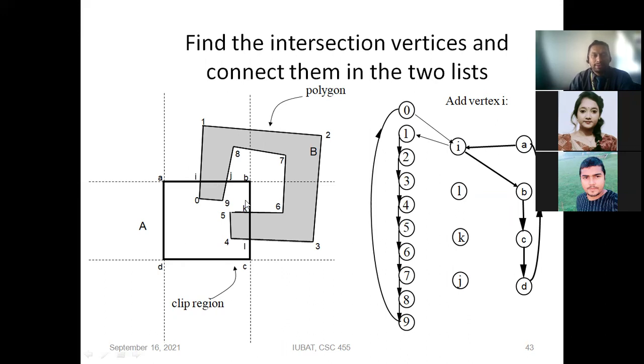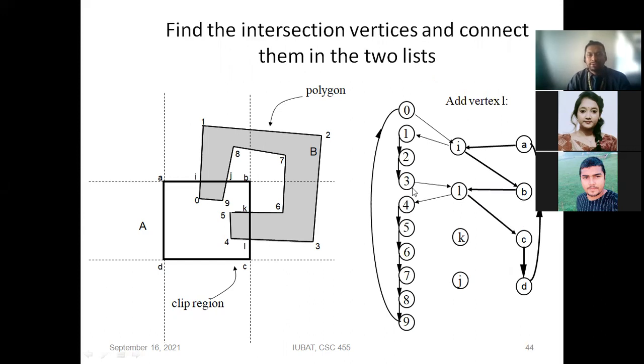Now what about that window, the clipping region or clipping window? That is A to I to B, B to C, C to D, and D to A. Now we add L, because according to the order, the next point is L. So what we have done: 0 to I to 1, 1 to 2, 2 to 3, 3 to L, and L to 4.